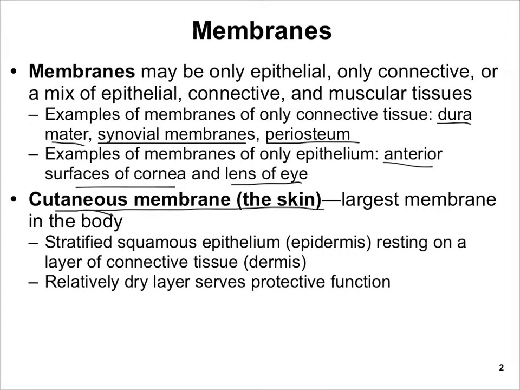Cutaneous means dealing with the skin, so it's the skin membrane, literally. And this is a mixed membrane, clearly because the skin has stratified squamous epithelium, which is your epidermis, and it has the connective tissue, which is your dermis. So it's a membrane. This is what's called a dry membrane because it's relatively dry. It's not seeping fluid all the time.